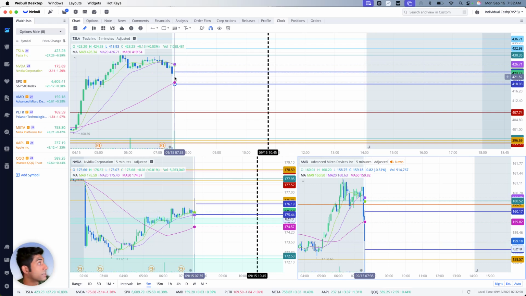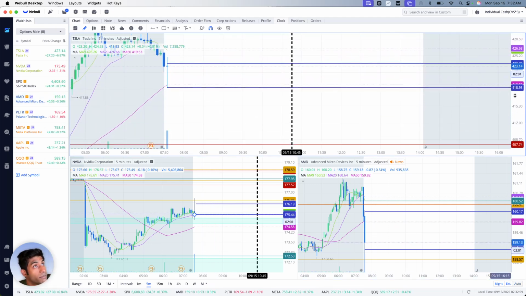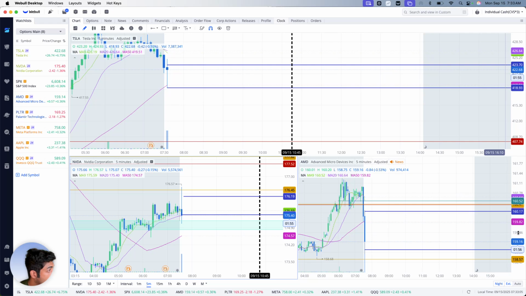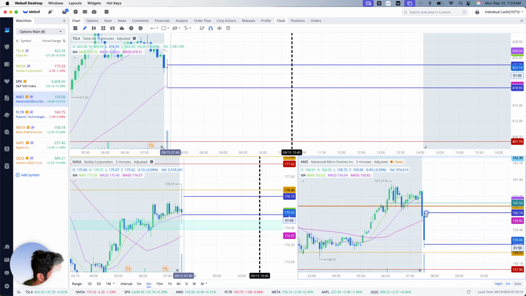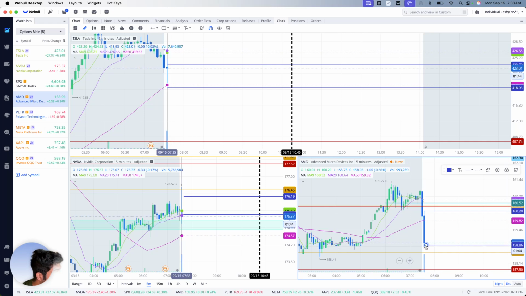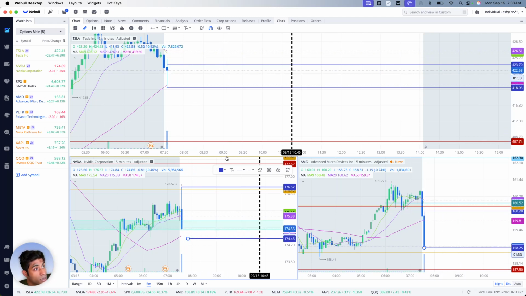A lot of volume on Tesla here. Halfway through that first candle. I make some adjustments. Nvidia took out Friday's low.